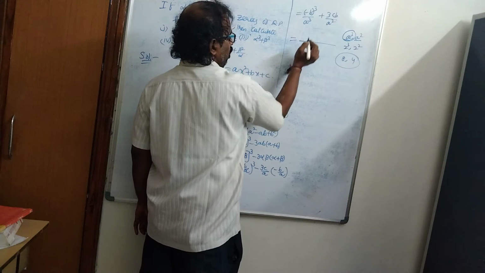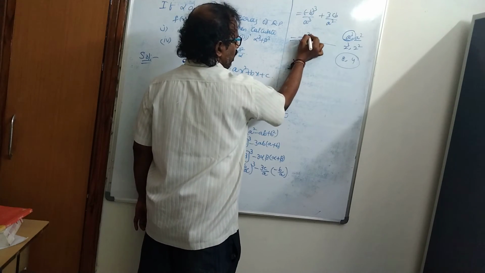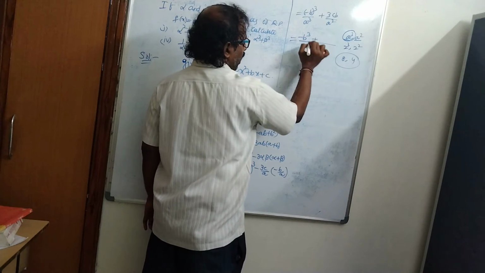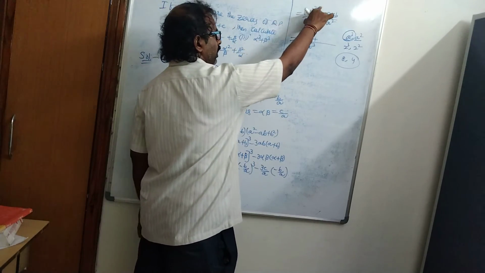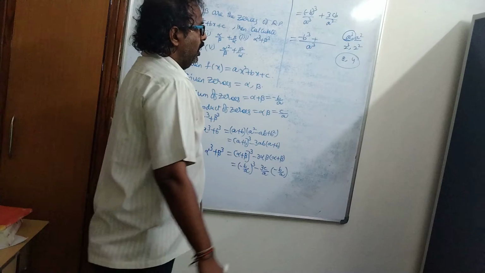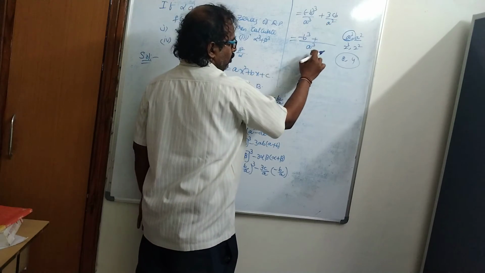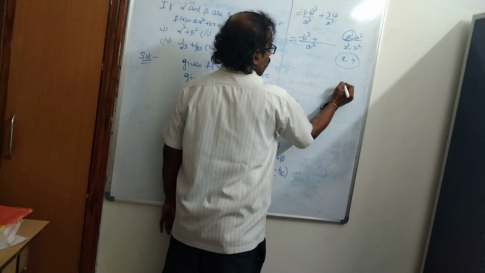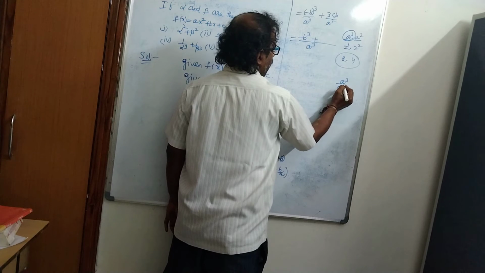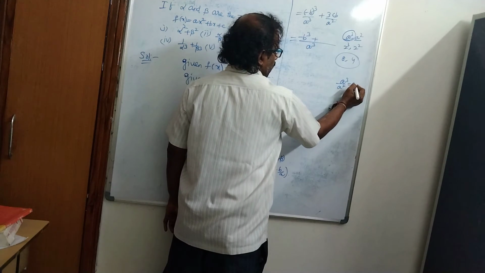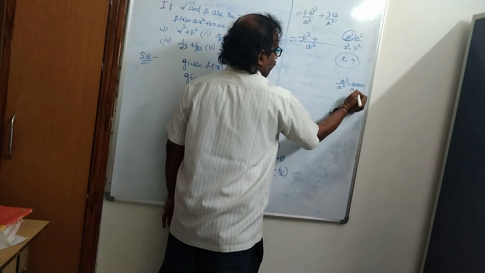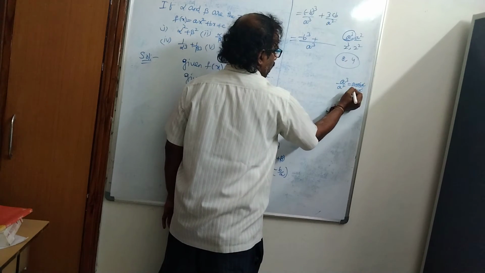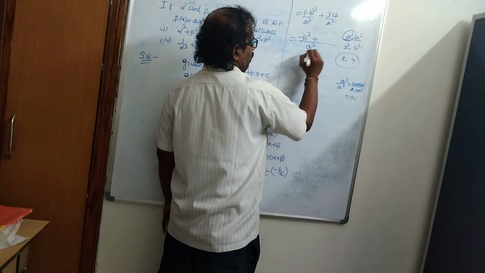Now minus b whole cube will be minus b cube, plus, now here the numerator will be the same. Here the denominator is a square, and the LCM is a cube, so a cube by a square, just expand them, a into a by a into a, the a's cancel, so you will get a.